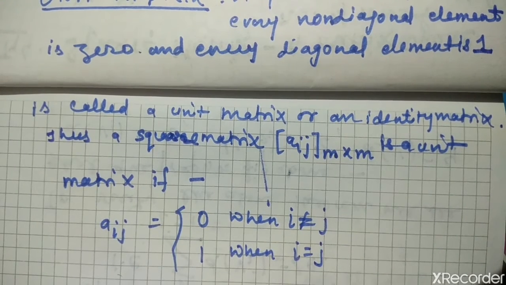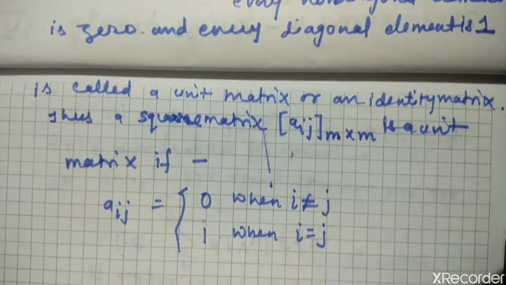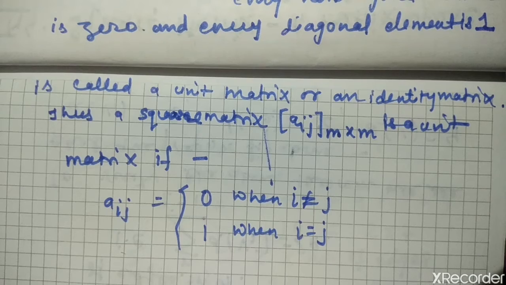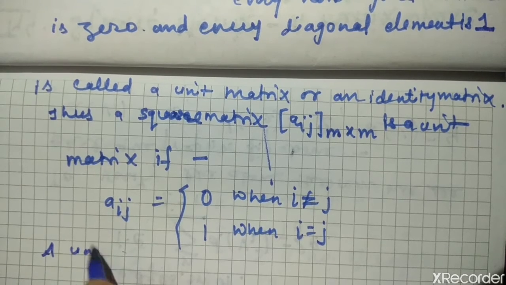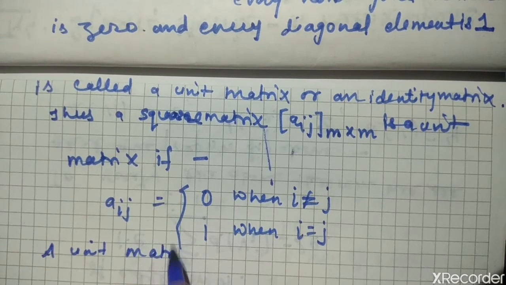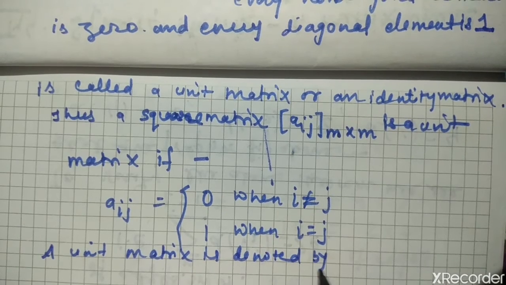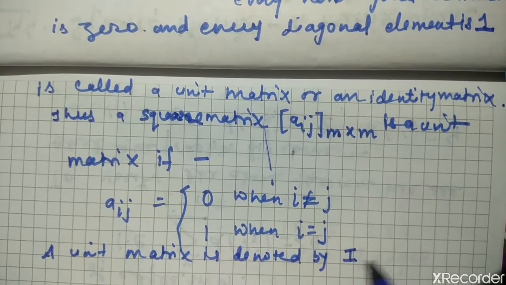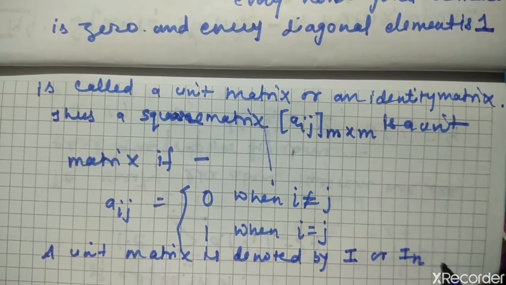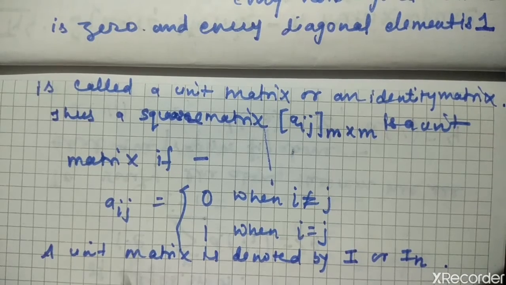This is very important, you can understand it very well. A unit matrix is denoted by I or In.